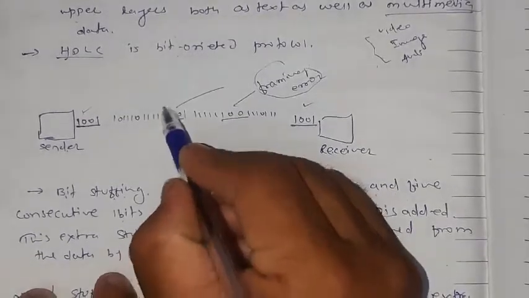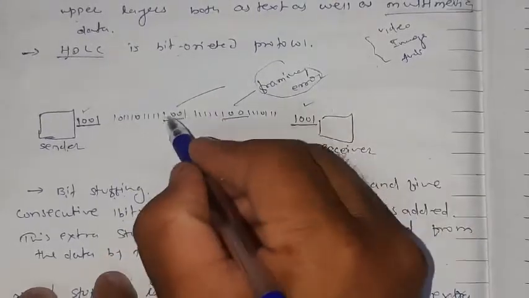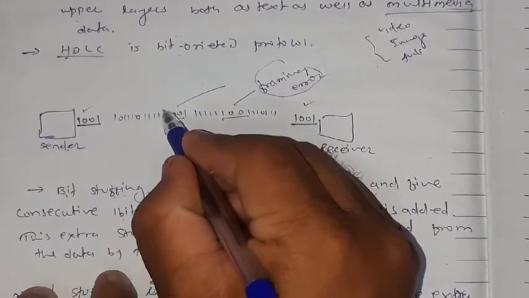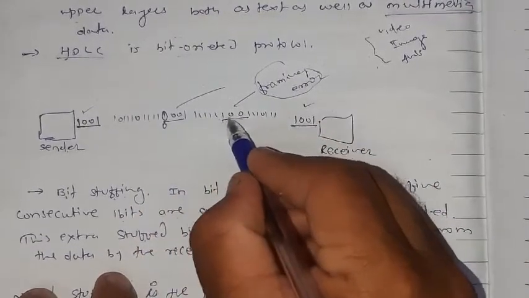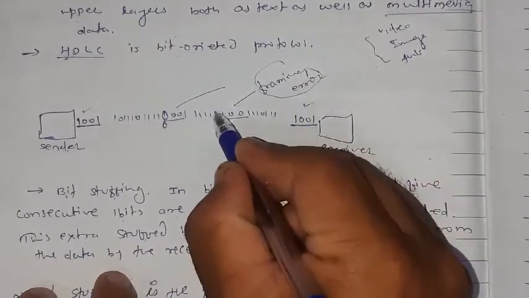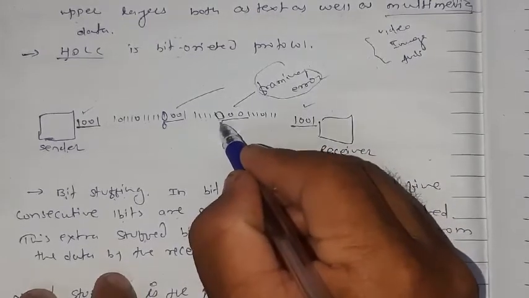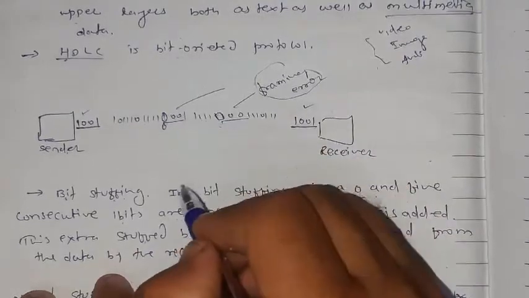So using bit stuffing to reduce the framing error, after this fifth one an extra 0 is inserted, and here again 1 2 3 4 5, and again a 0 is inserted.